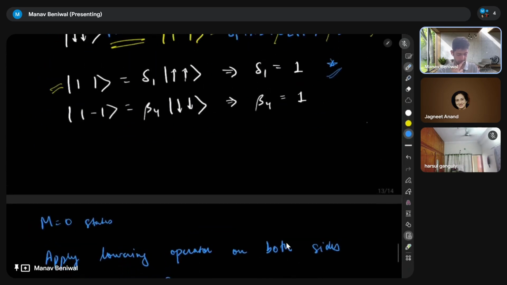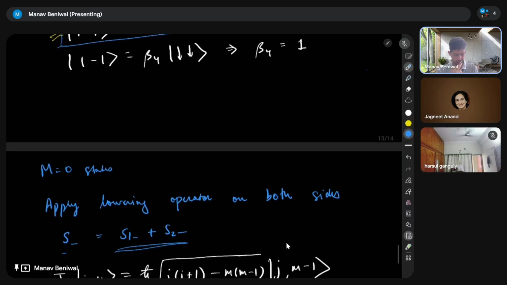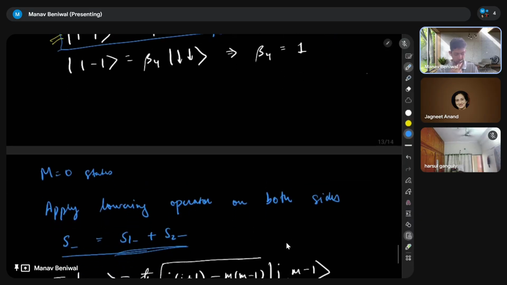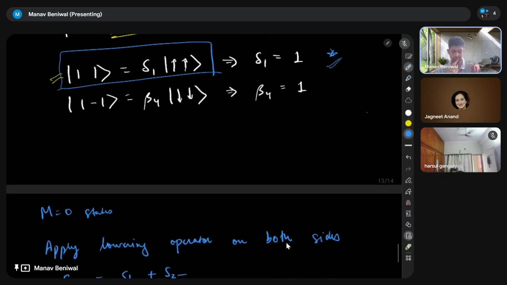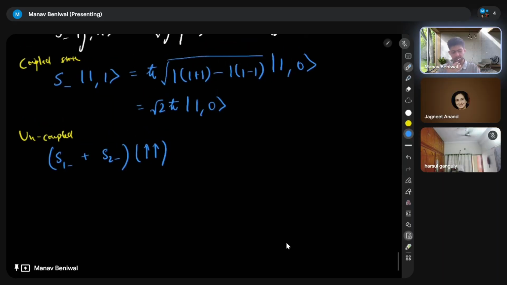In this equation, delta is 1, and I am operating S minus on the left side and s1 minus plus s2 minus on the right side. So I'll get this, and then finally I'll set both of them equal. This will give me two terms, correct? So s1 minus will act only on the first spin.